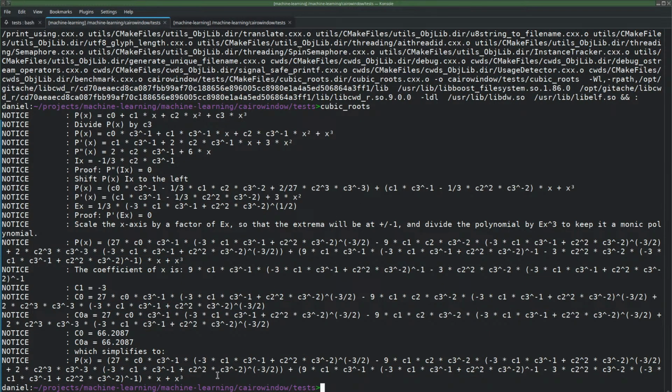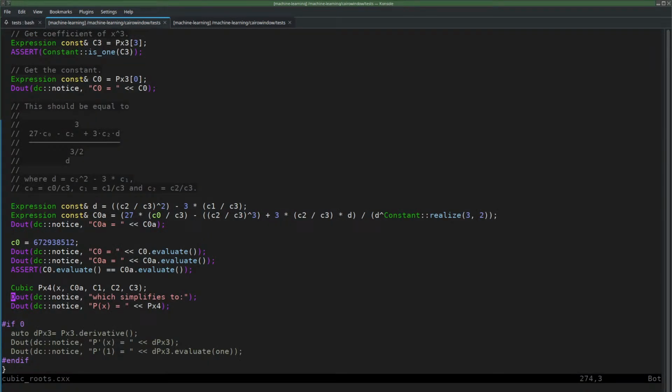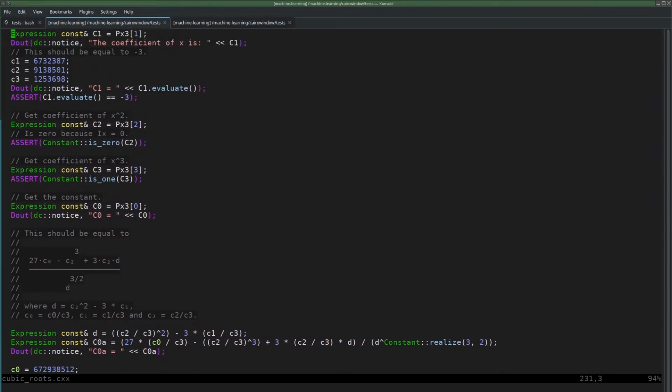That is totally not what I had in mind. Damn it. C2 is 0, yeah. Well, might as well pass 0 then.